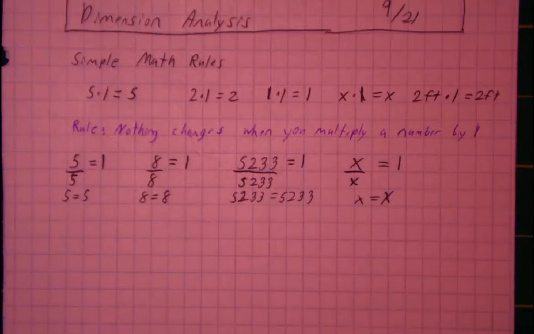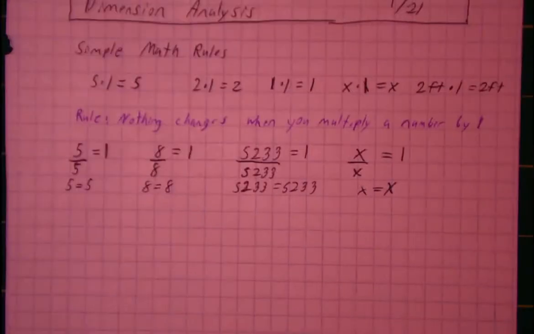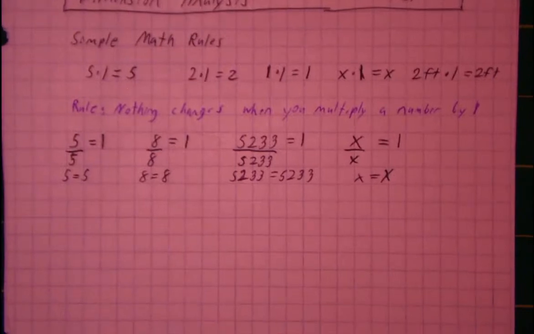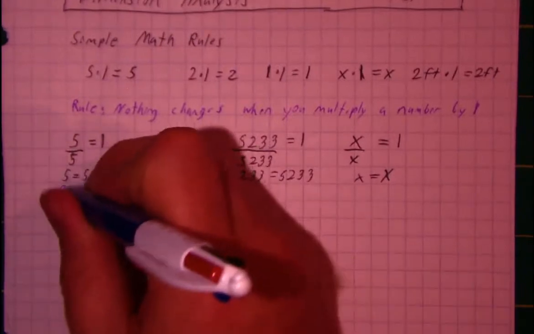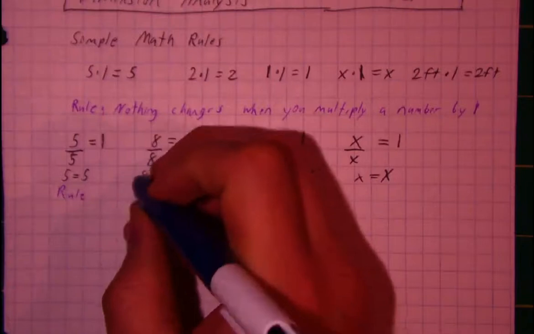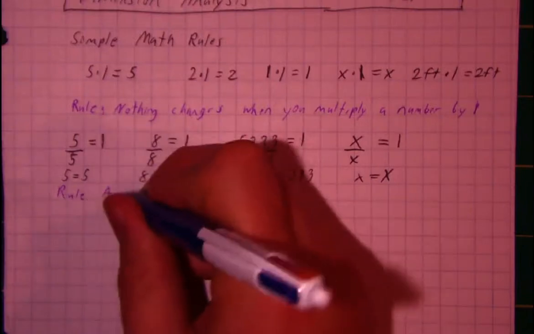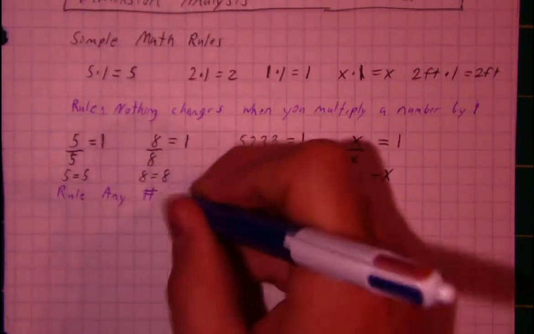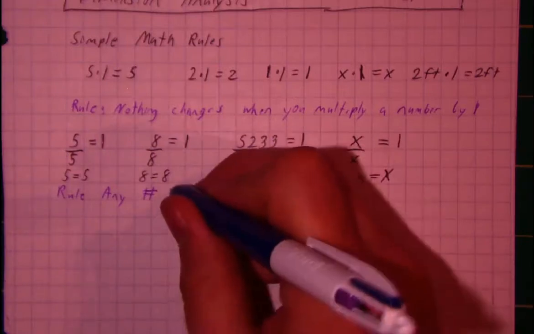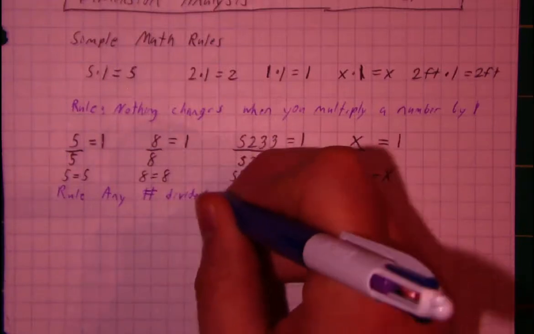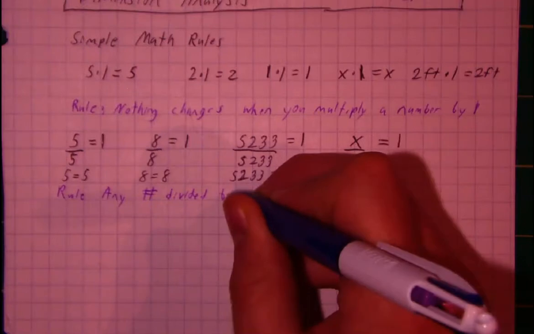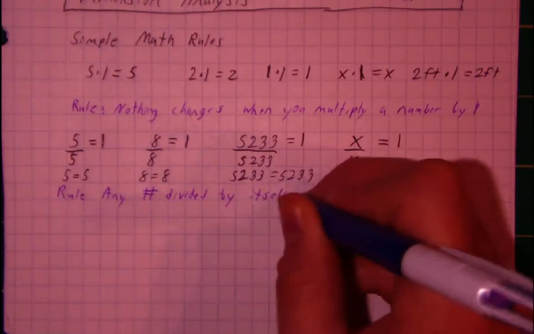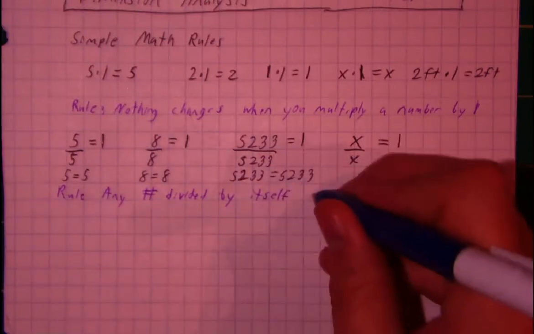This is the second rule you need to understand to be able to do dimensional analysis effectively. What is the rule? Any number divided by itself is 1.